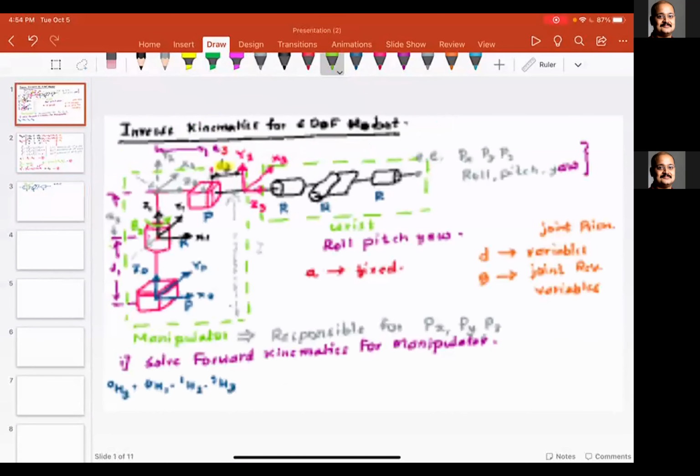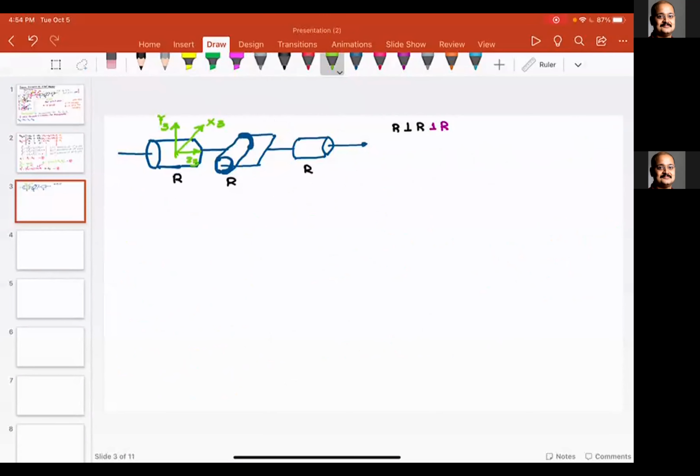Please note, the coordinate system which was at the end of the end effector of the manipulator is now at the joint. The second coordinate system, I'm going to show you something like this. You can check if my coordinate system is incorrect, but this is the exact same problem that we solved.